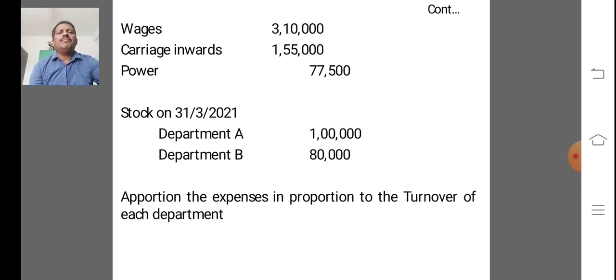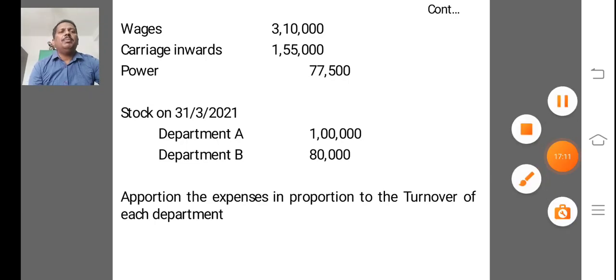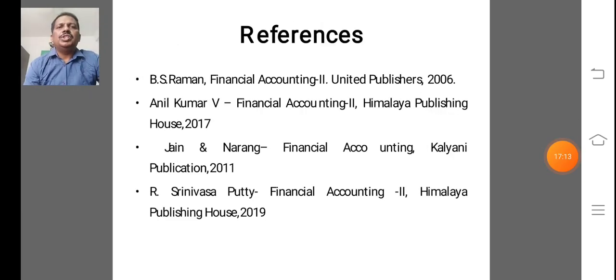Carriage inwards 1,55,000. Power 77,500. Stock on 31/3/2021: Department A 1 lakh, Department B 80,000. So apportion the expenses in proportion to the turnover of each department. These are the references given for your kind information.